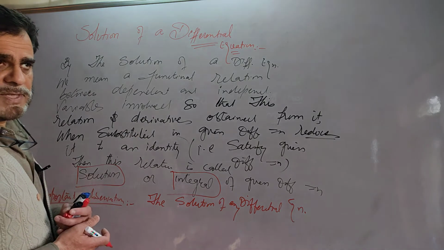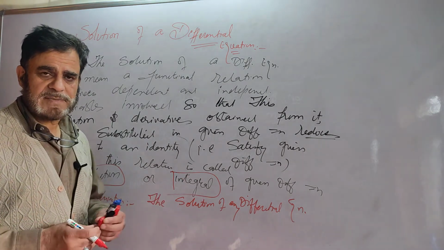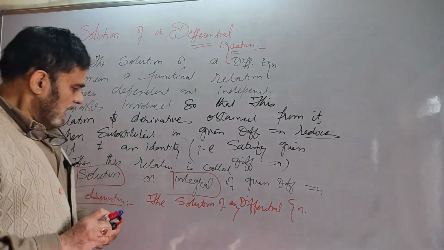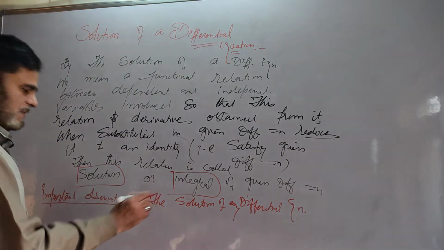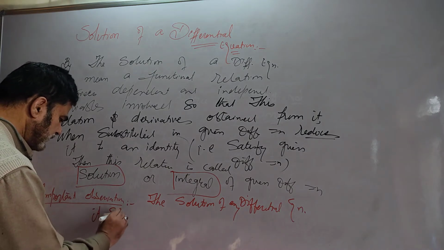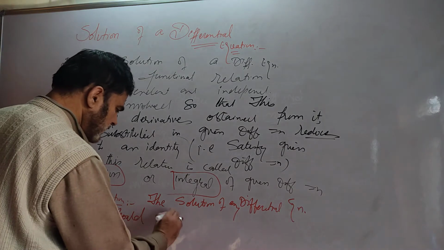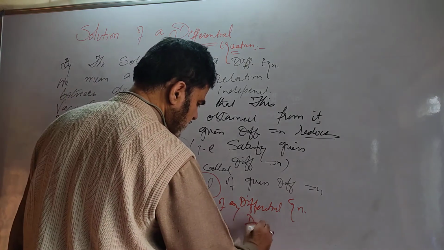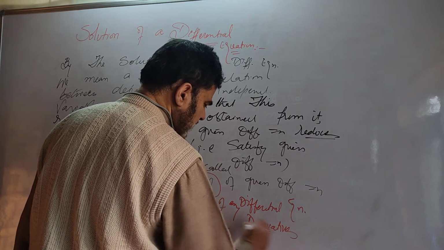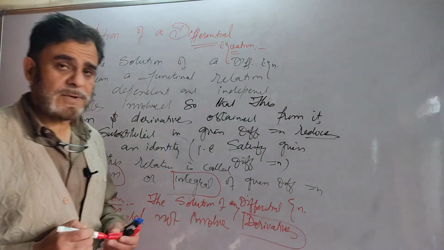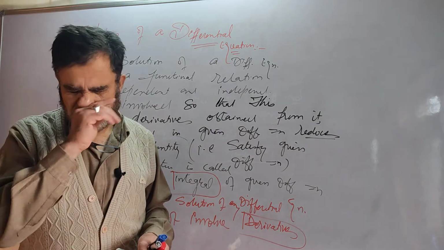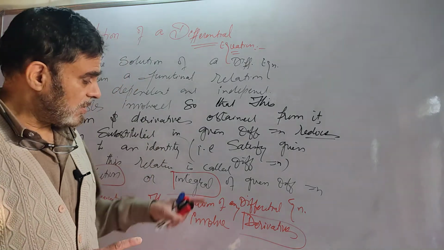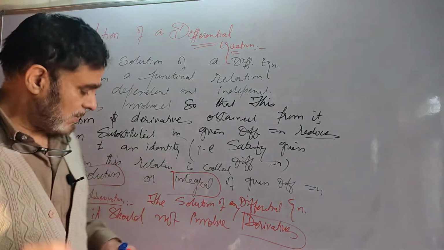If the differential equation involves dy by dx plus x terms and y terms, the solution is the relation between x and y, and this relation should satisfy the given differential equation. And when you find out the solution of any differential equation, it should not involve derivatives. Remember this. That is, we write the solution free from derivatives. The differential equation will have derivatives of its own, but the solution must not involve derivatives, and you will take care of this.